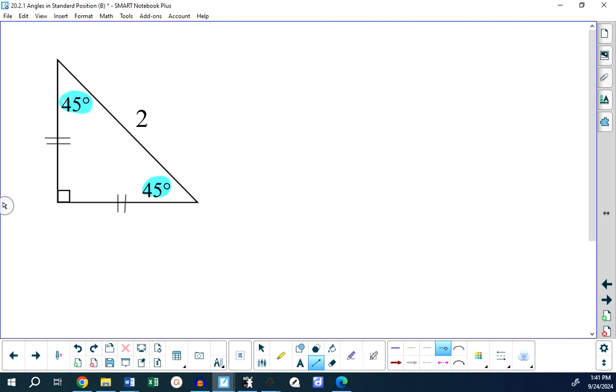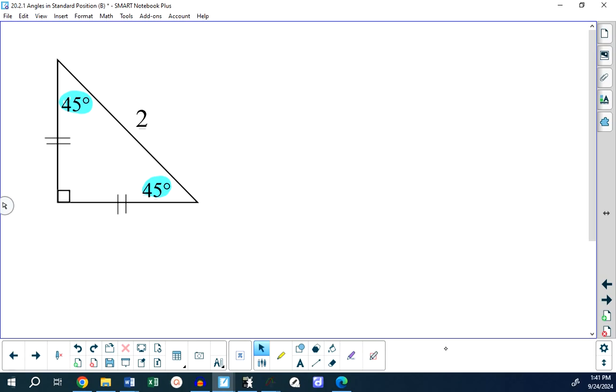I'm not going to get into a geometry lesson here from junior high, but if you have just two angles that are equal, then the sides corresponding to those angles are equal as well.